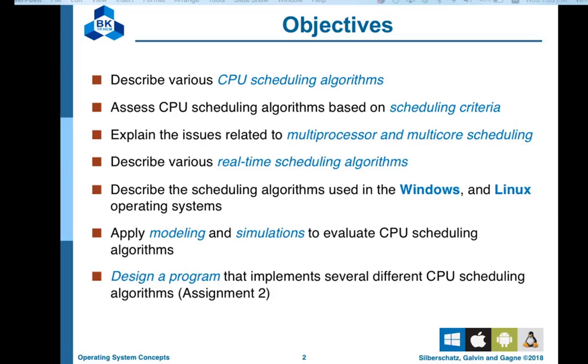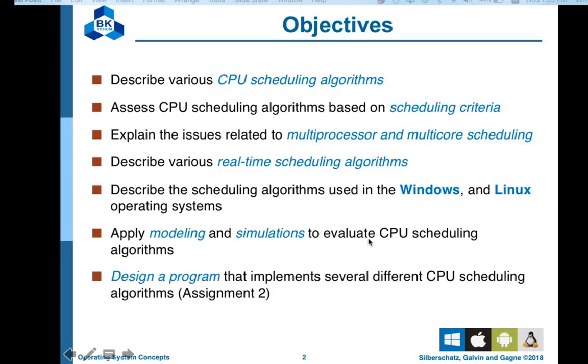In addition, in this short video, we briefly refer to real-time CPU scheduling, and some real operating systems such as Windows and Linux. To evaluate an algorithm, we will base on some scheduling criteria.